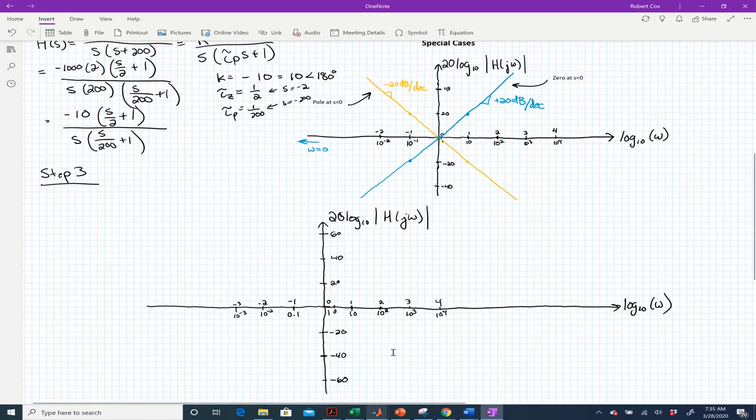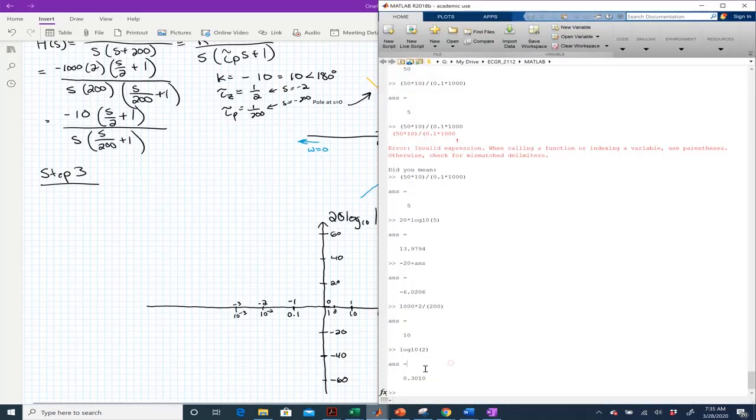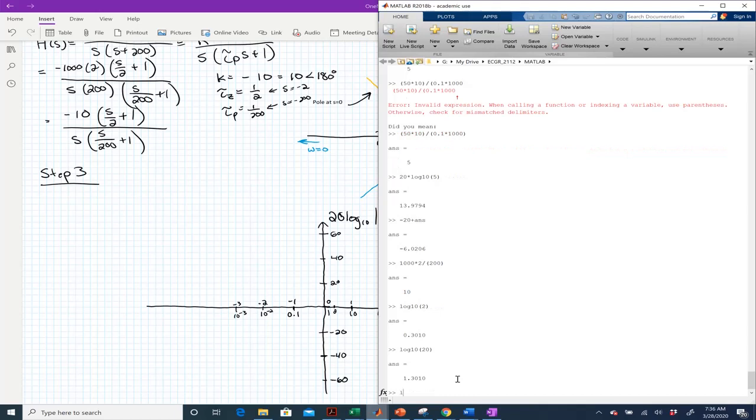Now, 20 would be a decade after that. 200 would be 2 decades after that. So I can predict already that if 2 has a log equal to 0.301, then 20 is going to be 1.301, and it is.